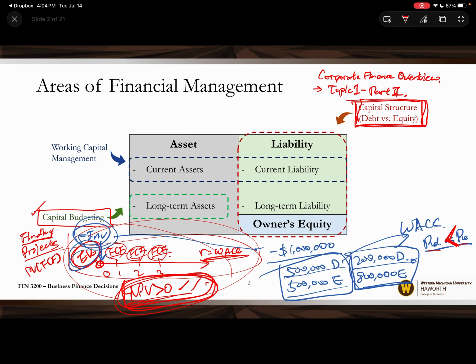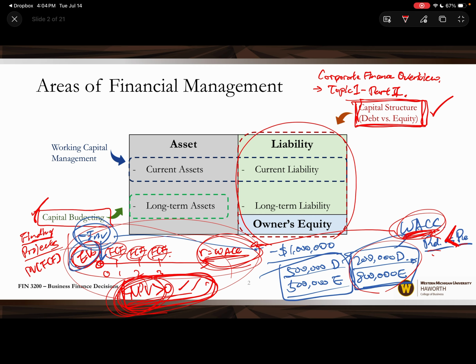So this mix changes your cost of capital, weighted average cost of capital, which in turn affects the value of the project too. Okay, so it's a little complicated, but these are all important decisions, is what I'm trying to say. So capital structure decision, again, is determining how you're going to finance the company's operations. What mix of debt and equity are you going to use? This much equity or this much equity?